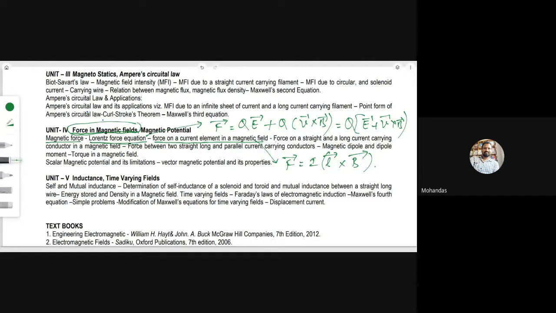The next force is the force on a straight and long current carrying conductor in a magnetic field. In the same way, next, the force between two straight long parallel conductors. What is this force? Can you tell me? We derived it just now. The force formula is F equal to mu into I1 I2 by 2 pi d.